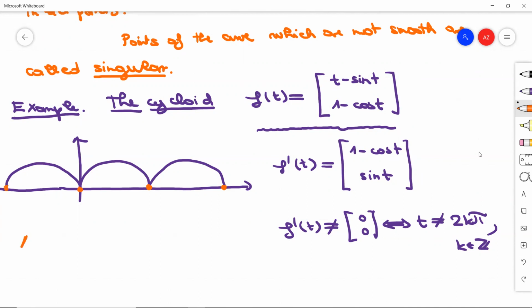So all points except a_i, where i goes through whole numbers, are smooth.